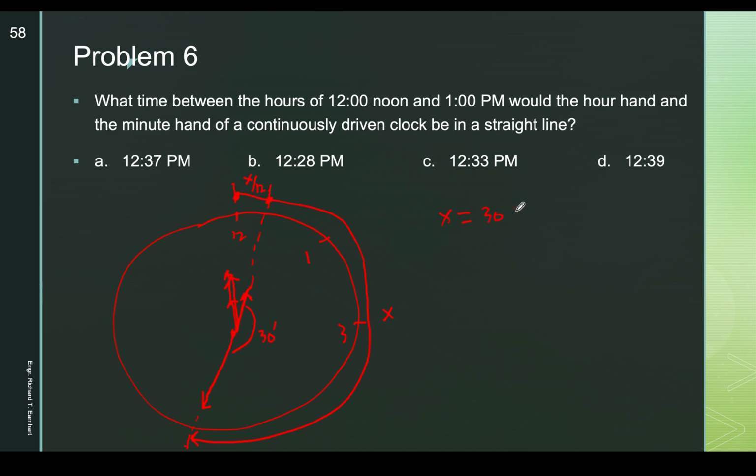Okay, so 30 plus x over 12, and then multiplied by 12 again, so we have 11x equals 30 times 12. That gives you x equals 32.73 or 33. So 12:33 is the time. Okay, so that's letter C.